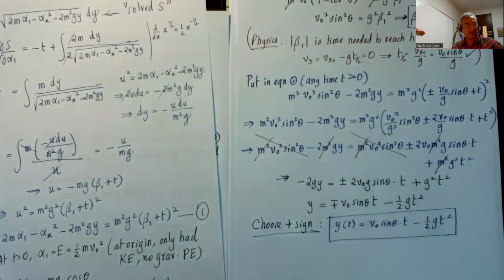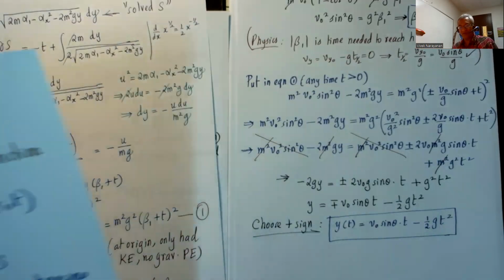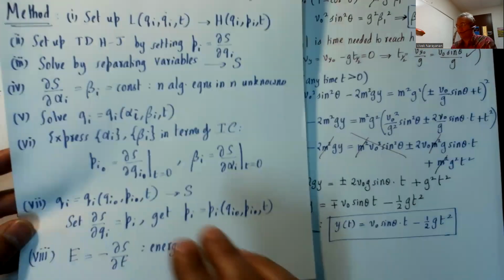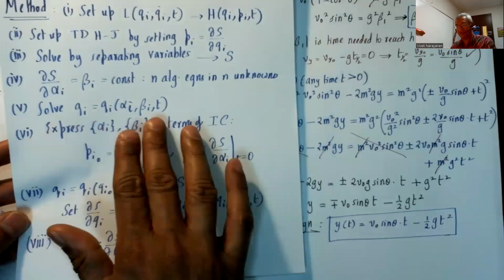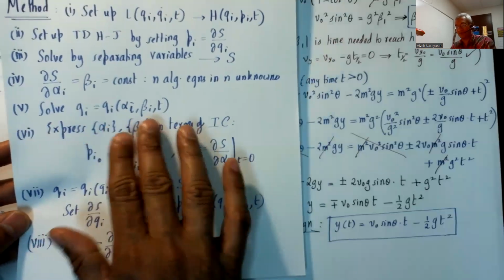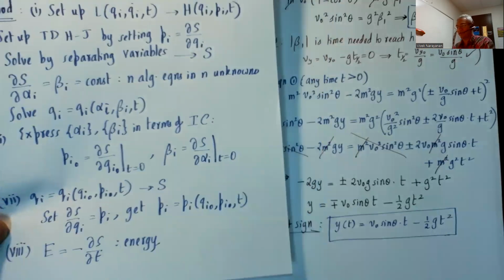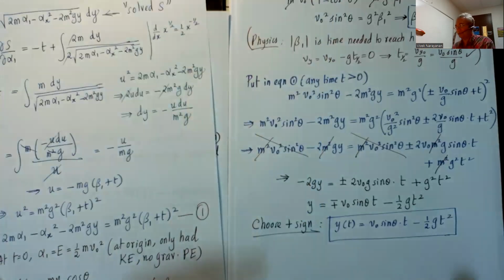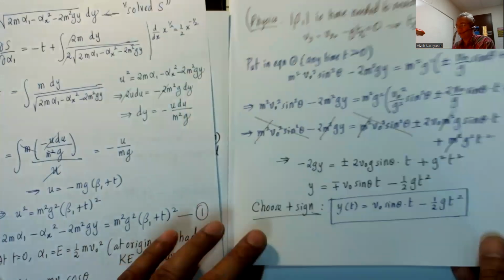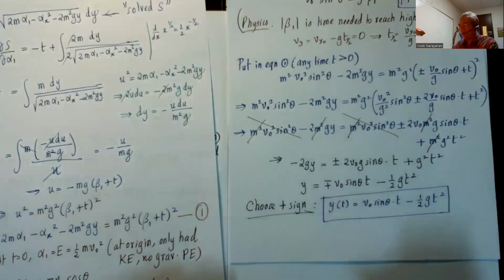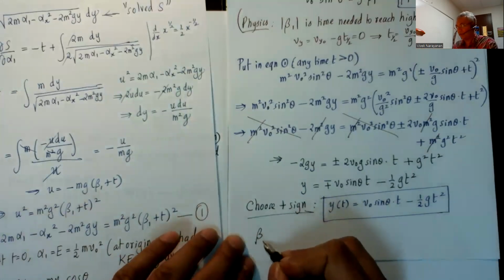Now, once you have that, we've done that. Now we have to solve for the x equation. Let's do that next. So for the x equation, you proceed the same way. You do beta x next.